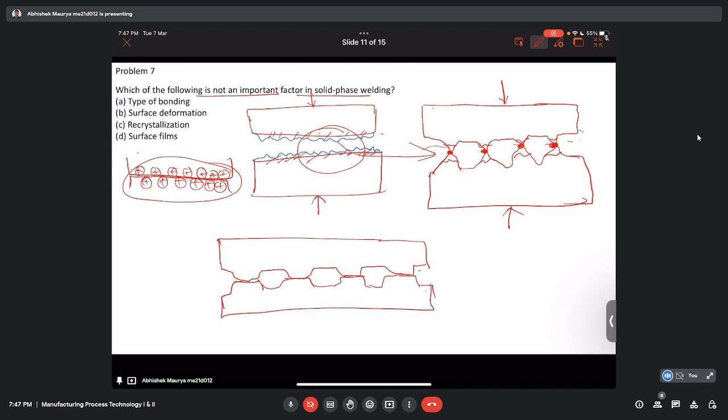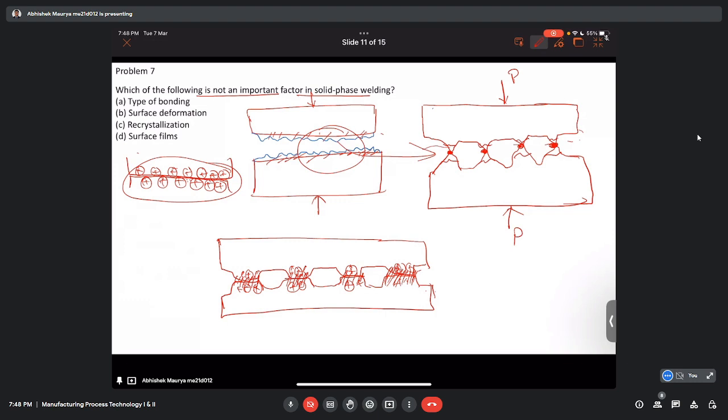Now at least we have some regions, some area where the electrons and nucleus of both materials came in contact. Why has this happened?